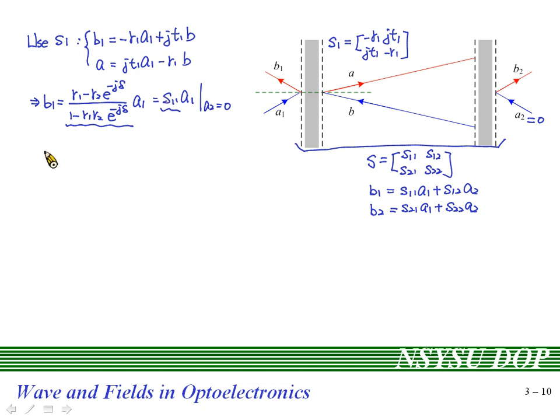And what is B2? Clearly, B2 here can be obtained from A. A goes from mirror 1 to mirror 2 and is transmitted, and it will become B2. So we start from A, goes from mirror 1 to mirror 2, it will gain phase difference exponential minus j half delta, and then times the transmission coefficient for mirror 2.